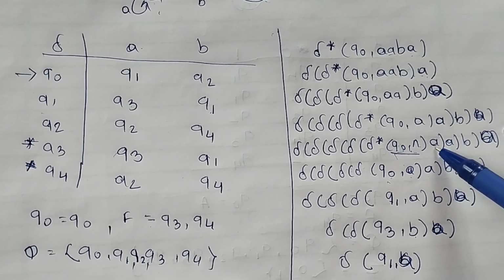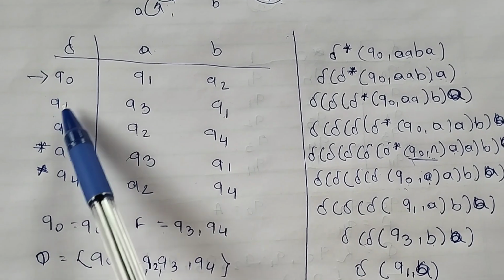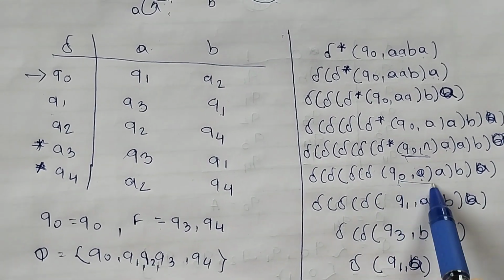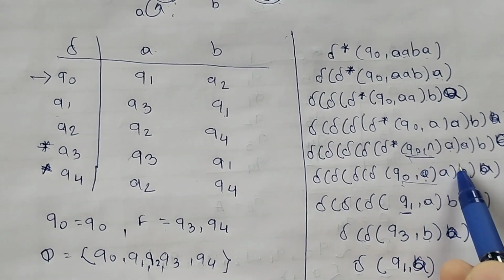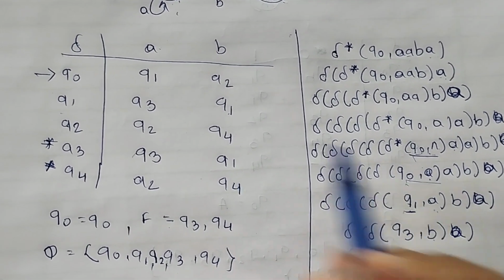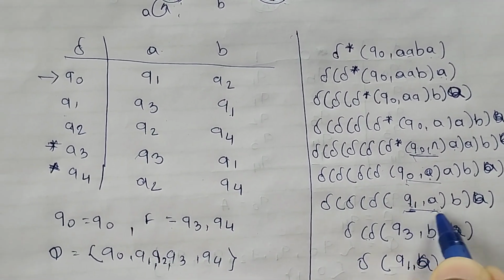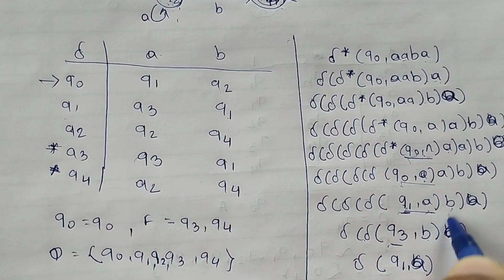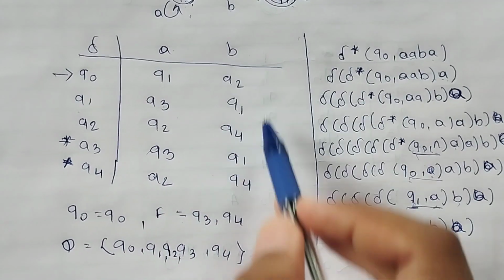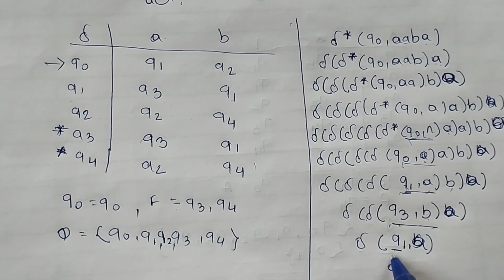Then we merge this A. So Q0 reads A. Q0 reads A in Q1. So we write the answer of this here, Q1, and we merge this A. Then Q1 reads A. Q1 reads A in Q3. So we write here the answer of Q1 A is Q3, and merge this B. Now Q3 reads B. Q3 reads B in Q1. So we write here Q1. The answer of this is here.